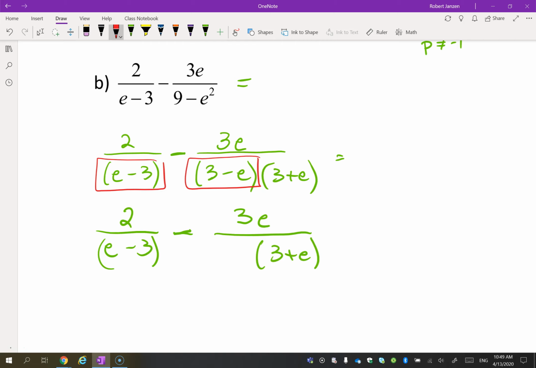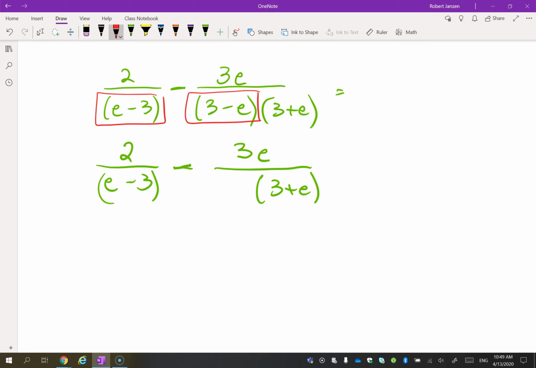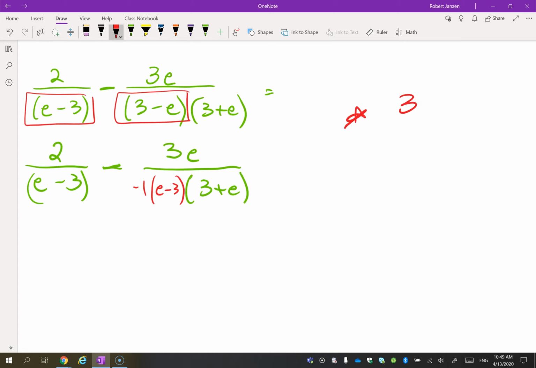But what I'm going to do with this 3 minus e is I'm going to take out a -1 and turn this into e - 3. Okay, if you're not sure why, 3 minus e equals, if I take out a -1, I get -3 plus e. So this is -1 times e - 3.